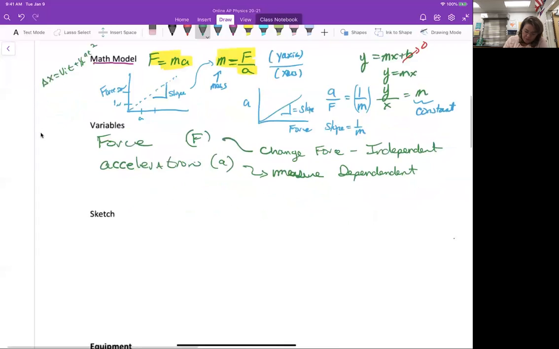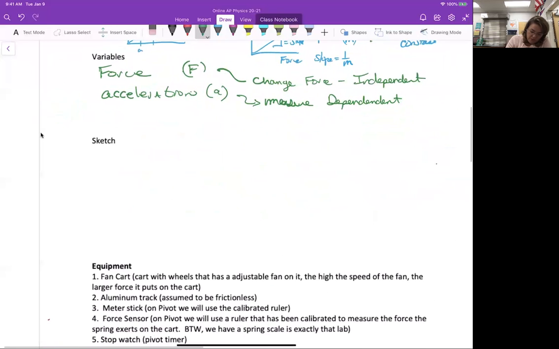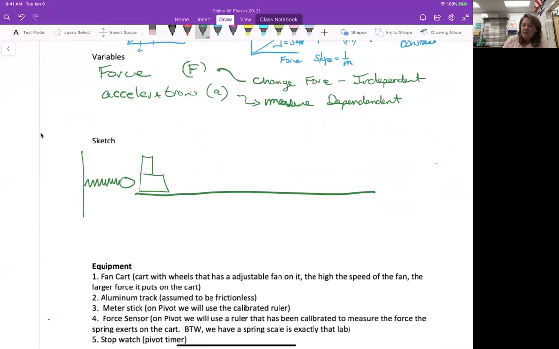Okay. Now I'm going to do a little quick sketch of what the system looks like. So I have a spring that has a ring on it. And I have a cart that has a fan on it that sits on a track that is frictionless.